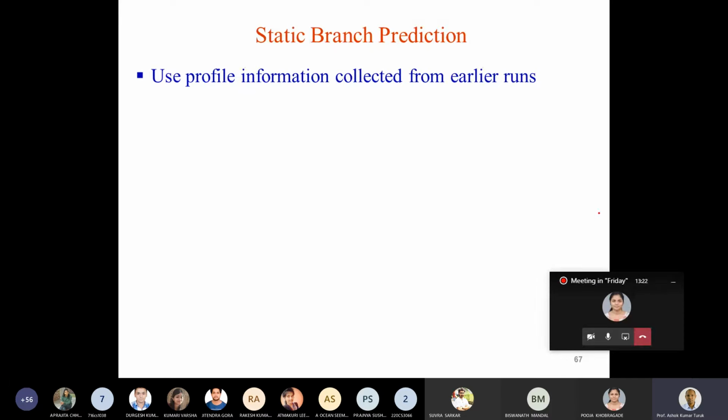Once you collect that behavior and have a profile of the branch behavior, then using that profile, the compiler can predict that the branch is going to be taken or is not going to be taken.